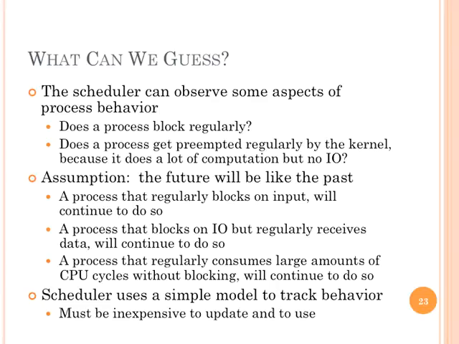For a period of time, it's interactive because I'm typing stuff. Then I decide to start running something, and it switches from being interactive to compute intensive, and it does computations for a while. And then it changes back to being interactive. So our scheduler's model needs to be able to move from one behavior to another. So we have these kinds of constraints that our scheduler needs to satisfy.